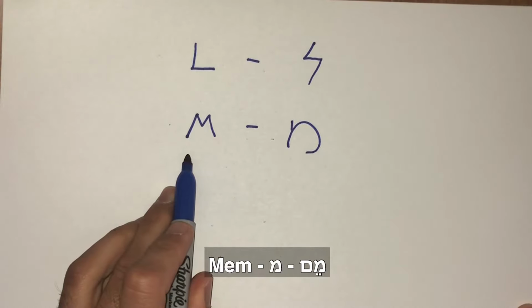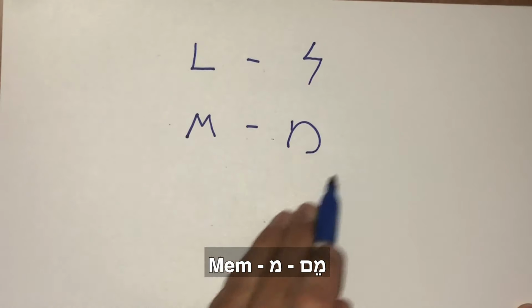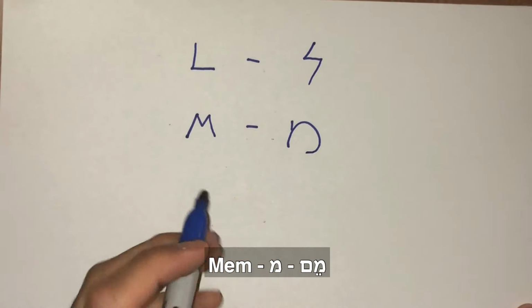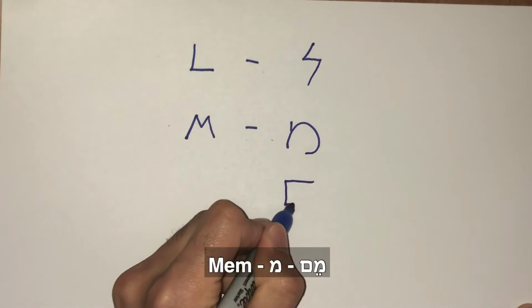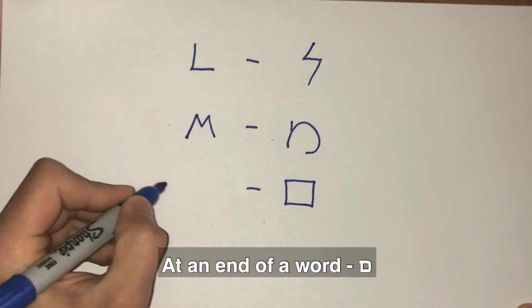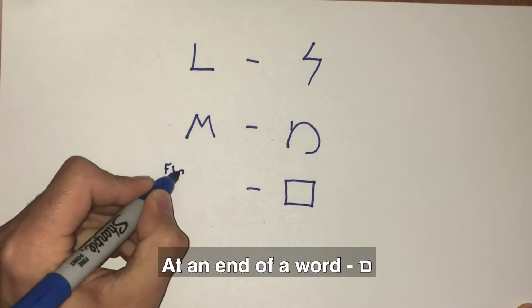Now, once again, whenever this letter comes in the end of a word, it looks differently. It also has a final form. And it looks like so. This is Mem, its final form.